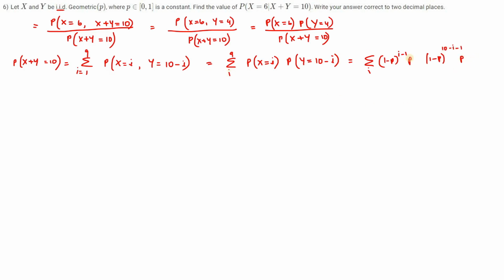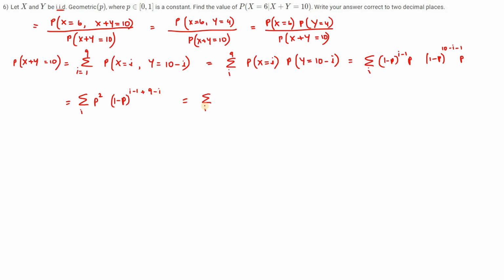Now that should be equal to sigma of I p square into 1 minus p whole to the power of I minus 1 plus 9 minus I. And now here I will be cancelled. What is remaining?